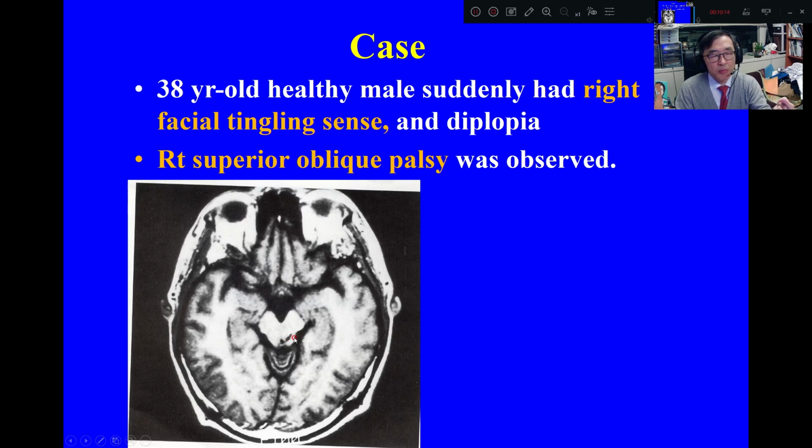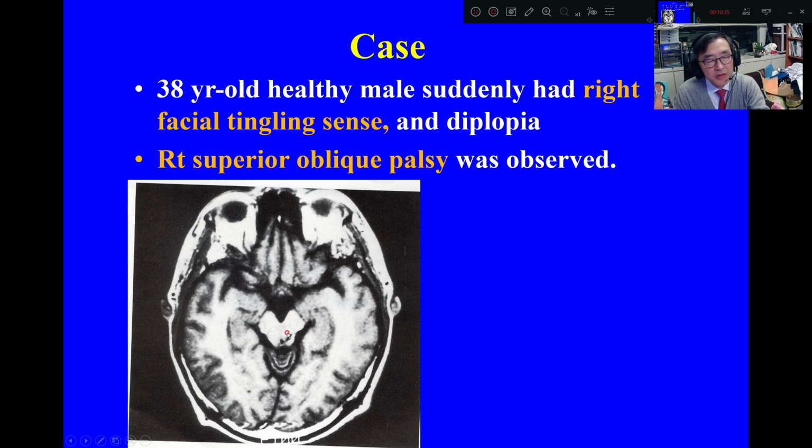This is a small hemorrhage, probably due to vascular malformation. In this lateral part, there is a sensory tract here. So this lesion probably involved the most medial part of the sensory tract subserving facial sensation. And the third nerve is here, the fibers going in this direction.